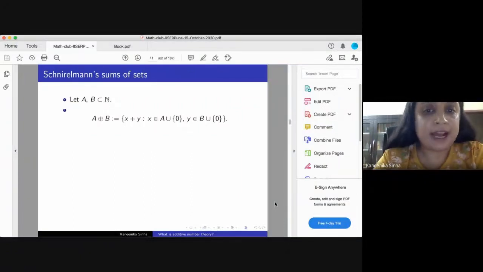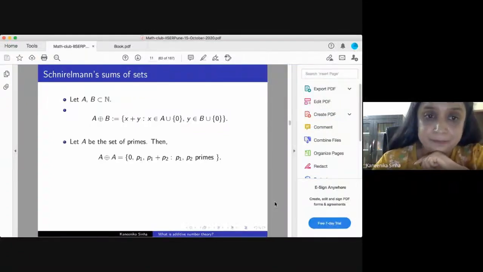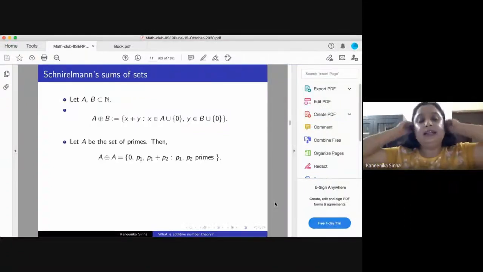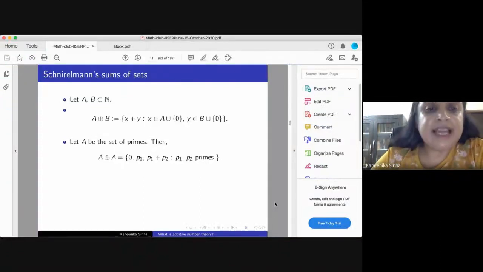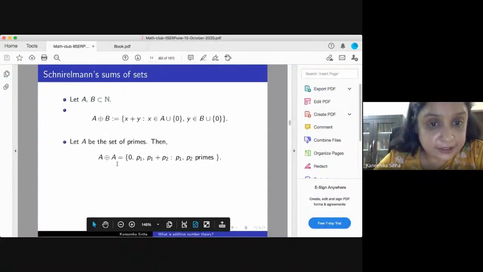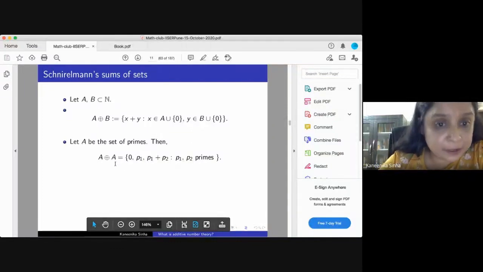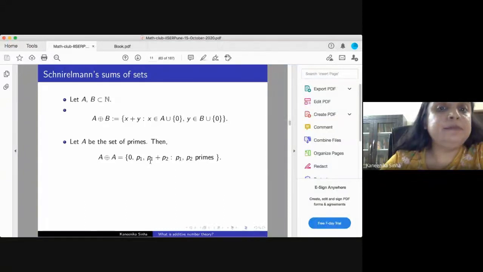So what is the advantage of taking 0 into account? Well, in that case, A plus B is also counting all the members of A as well as all the members of B. So in particular, let us take the set of primes. Let A be the set of primes. Then A plus itself includes 0. It includes all the primes, and it includes P1 plus P2.